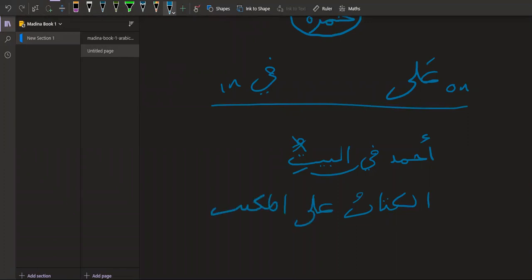So the origin of the word al-maktab is that it would end with a dhamma, but because ala has come before it, it now ends with a kasra. Al-kitabu ala al-maktabi.